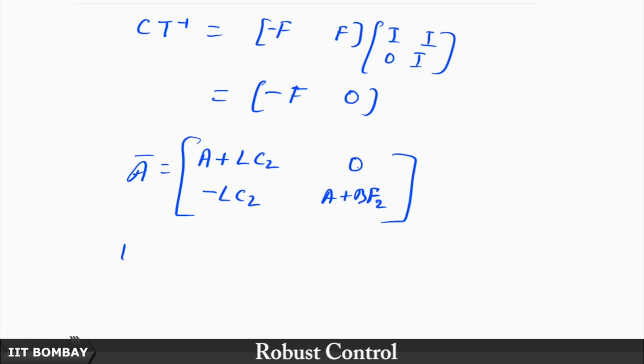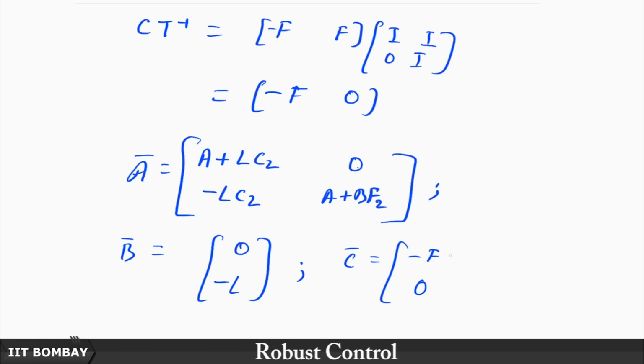That is A bar. The B bar is given by 0, minus L, and the C bar is given by minus F, 0. Sorry, it is not a tall matrix, my bad: minus F, 0. Now, what does this tell us?